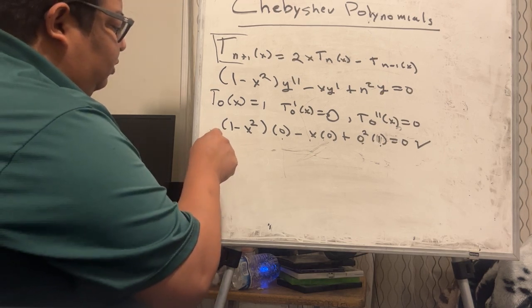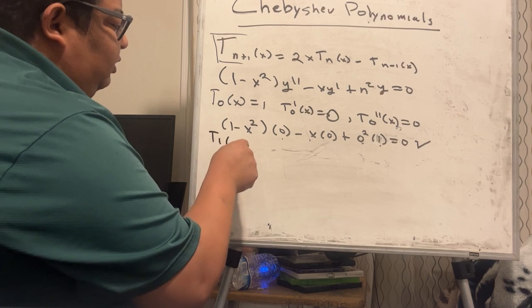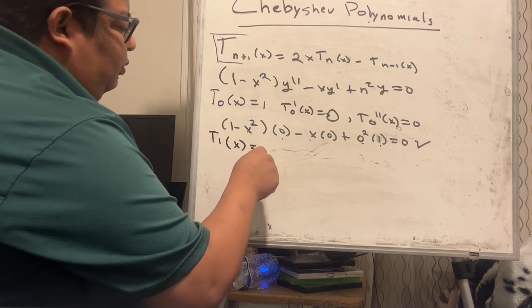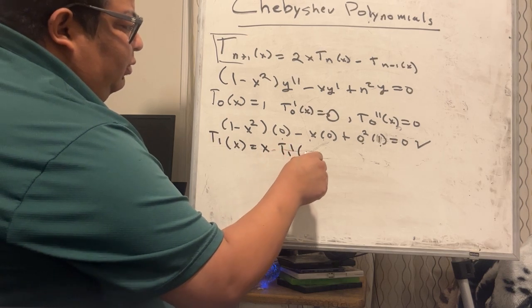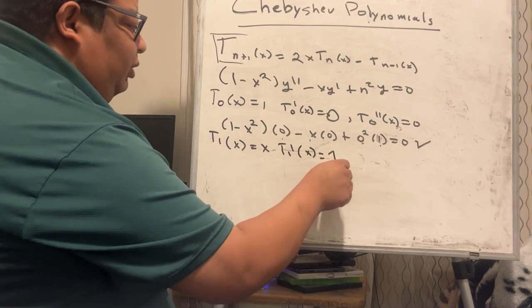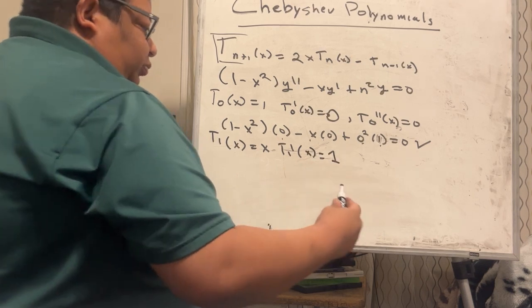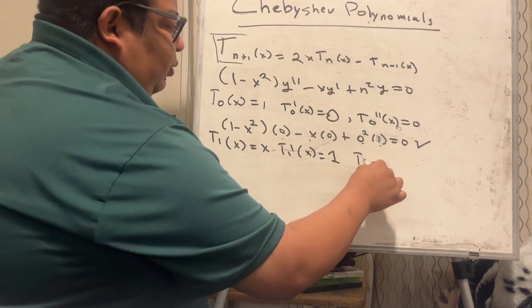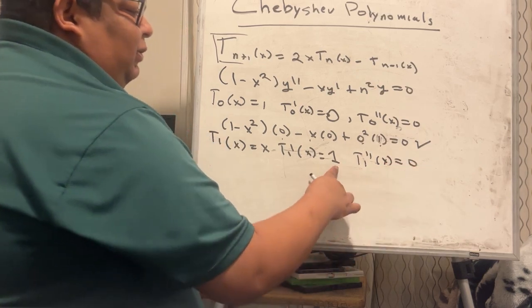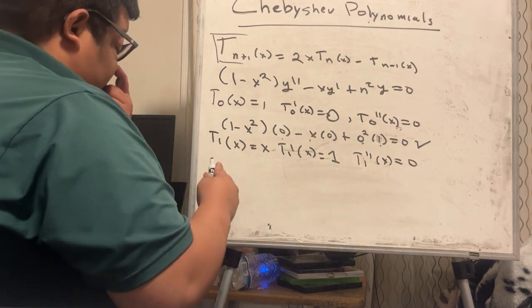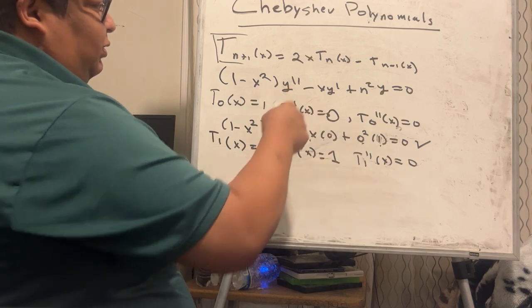Now let's compute T1 and see if that's a solution. T1 of x is equal to x, T1 prime of x is equal to 1 because the derivative of x is 1, and T1 double prime of x is 0 because the derivative of 1 is 0. Now we plug these into the differential equation.